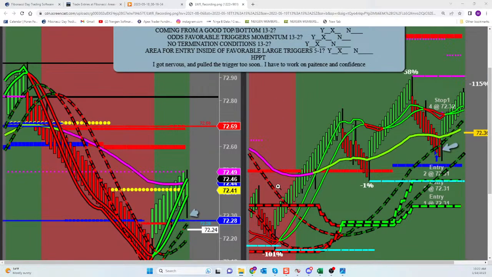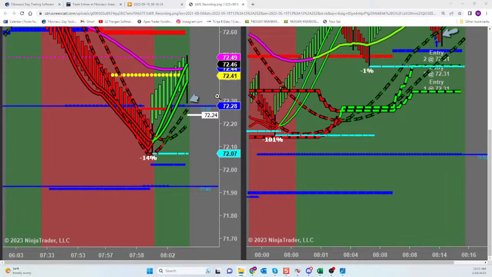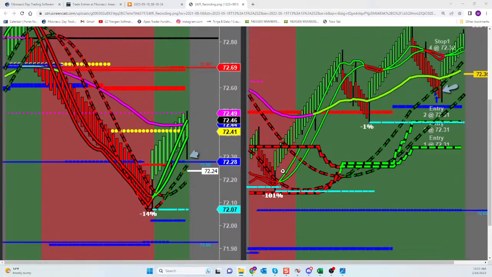And then D, let's go back into that recipe for a termination condition. Did you have a termination condition on the 13.2? You absolutely did. You had 1-to-1s at 72.41 that your trigger lines hadn't yet broken through, which means that you didn't have the advantage of a clear path. Does everybody see how that is? It's not even 50-50 yet.